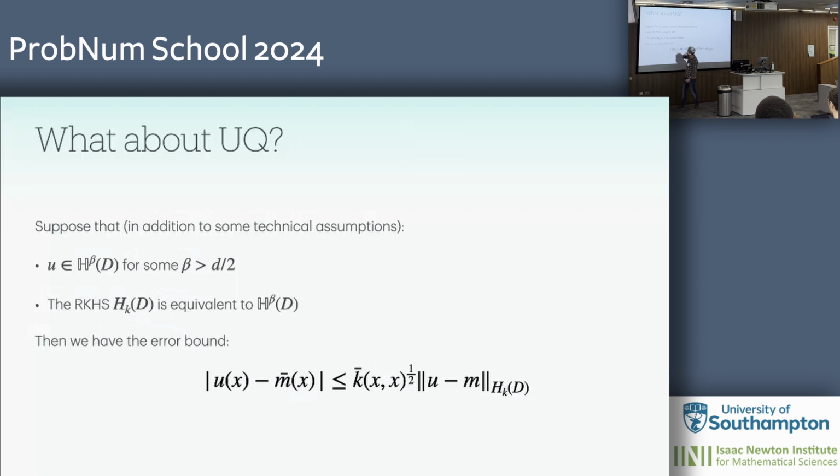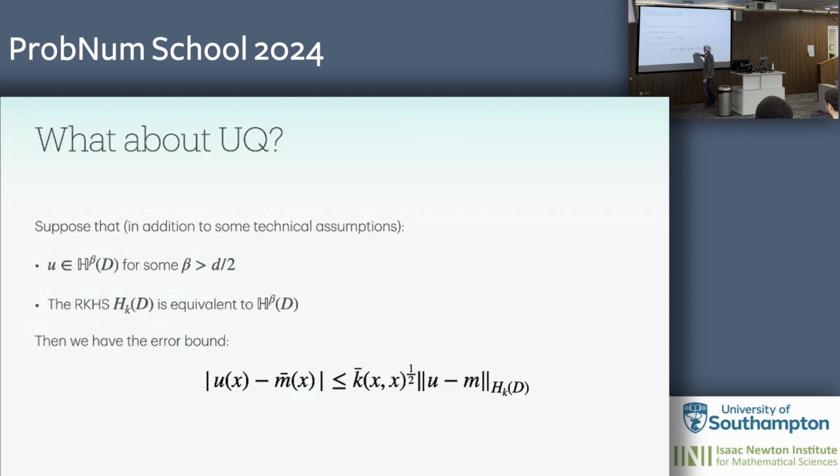U is the unknown solution here, and we need beta to be bigger than d over 2. And secondly, that the RKHS H_k(D) is equivalent to this Sobolev space. If that sentence doesn't mean anything to you, don't worry too much about it. It's basically just saying the GP is compatible with how smooth the solution is.